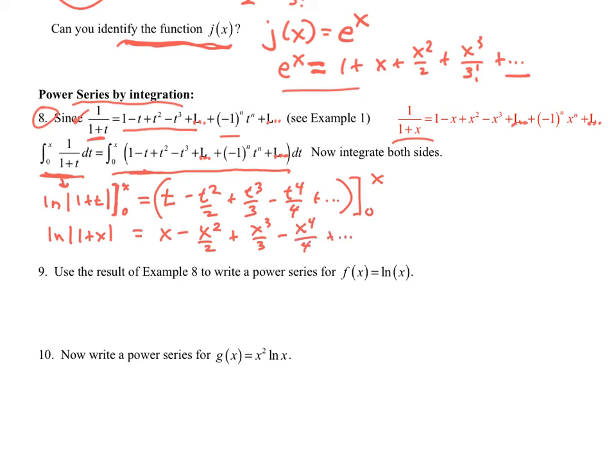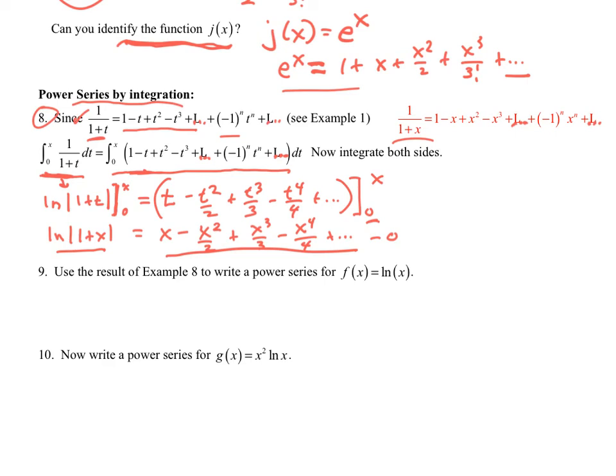Uh-oh, we have a new function. ln of this thing is approximately this. That's a power series for ln of 1 plus x. Absolute value of that. Oh, wow, is that amazing? Don't forget to plug in your 0, but this is a polynomial, so you get minus 0. Woo! Is that cool? Nice.